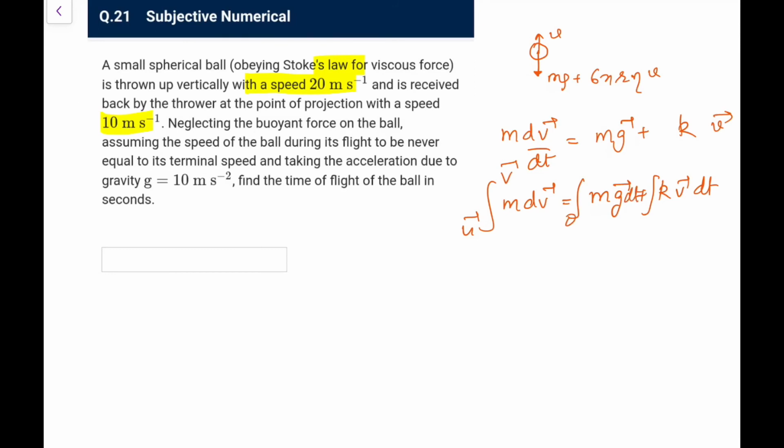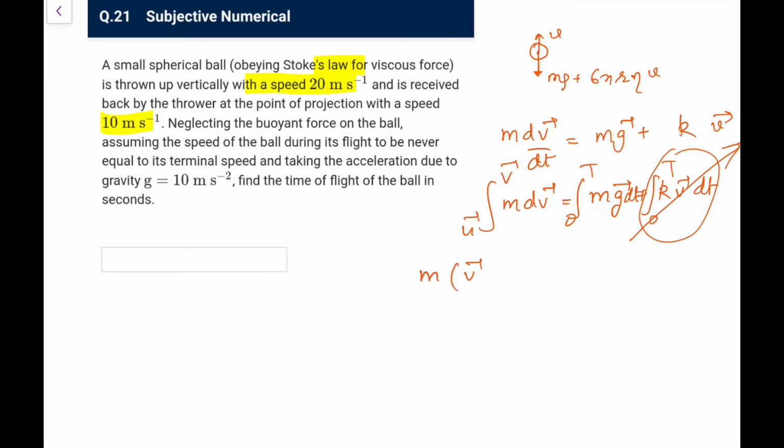This mg dt will be from 0 to time t, and kv dt also from 0 to t. Now the integration of v dt gives you the displacement, and for the complete time, this velocity vector integration will give you 0. Speed integration won't give you 0, but velocity integration will, so you can cancel it.